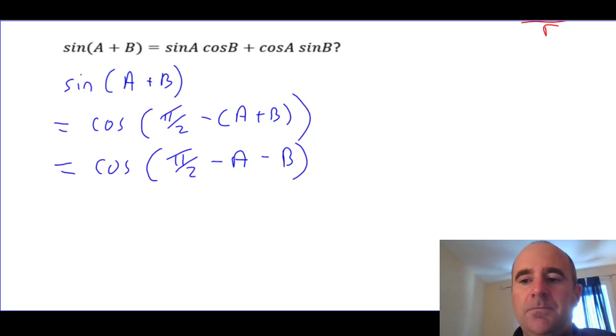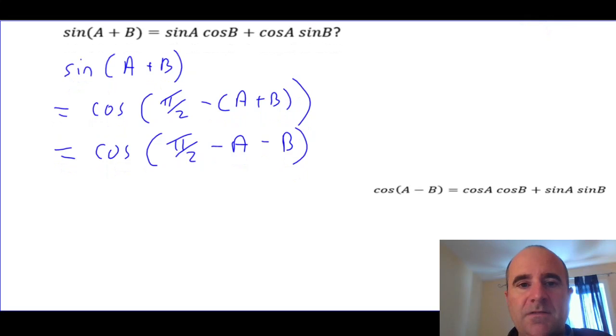Well, now that I've taken sine A plus B and replaced it with a cosine, I can use the difference identity that I put right there for you. I've already proved that, so now I can use it. Now, it's a little bit confusing how this works, but this is the cosine of A minus B, right here.